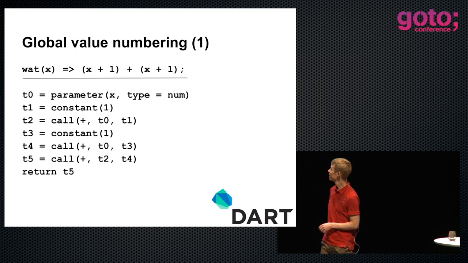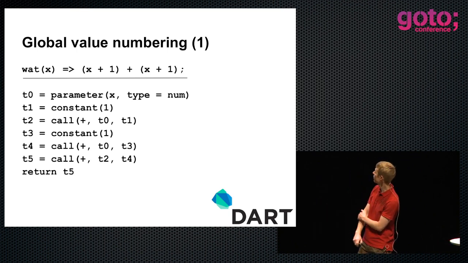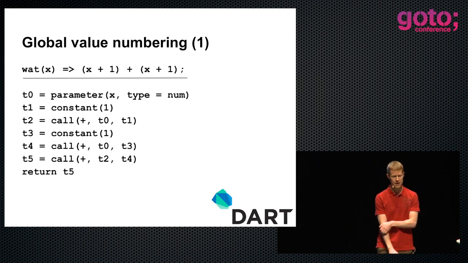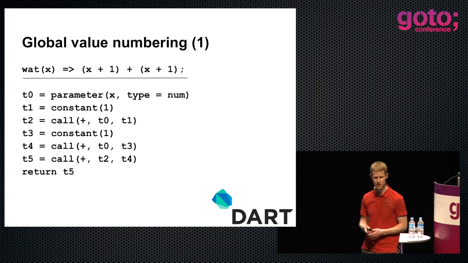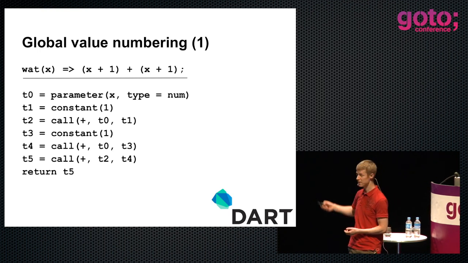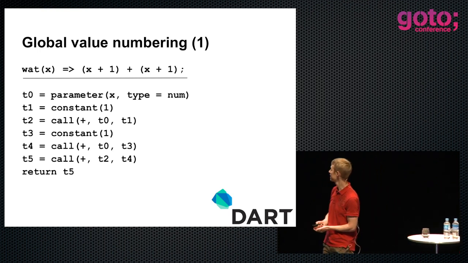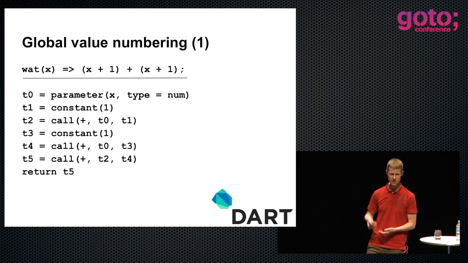Here's a simple example of that. Here's a small Dart method called wat that produces the result of adding 1 to x and summing that with adding 1 to x. There's some refactoring that should have been done on that code level already. But if you haven't done that, you get an SSA form that looks something like this. There are no branches here, so it's very simple. You have T0, which is the x parameter.